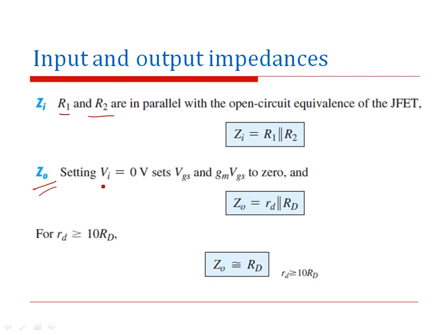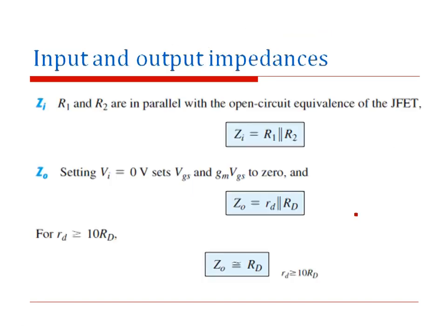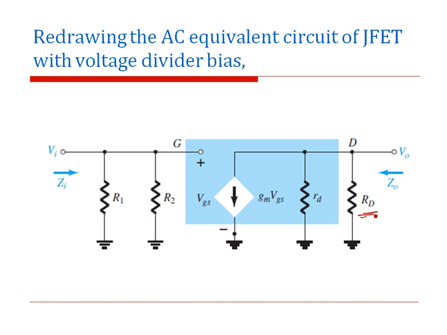Zo is found out by setting Vi to 0, and this will set VGS and gm VGS to 0, so Zo will be equal to RD parallel to rd. So for rd greater than 10 times the value of RD, where rd is the output impedance of the JFET, this Zo will be approximately equal to RD, the drain resistance. Okay.